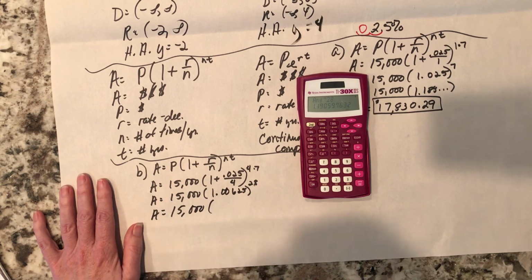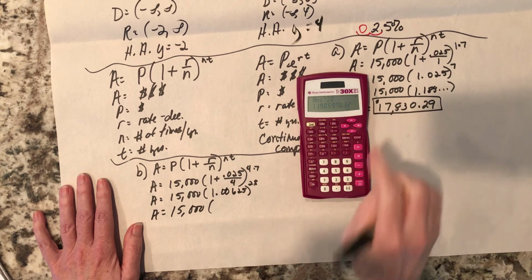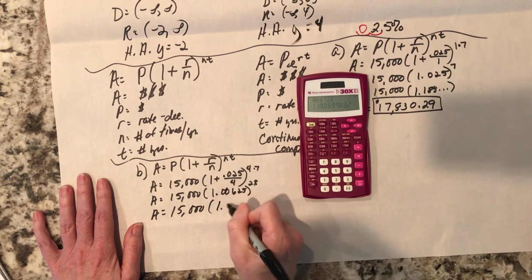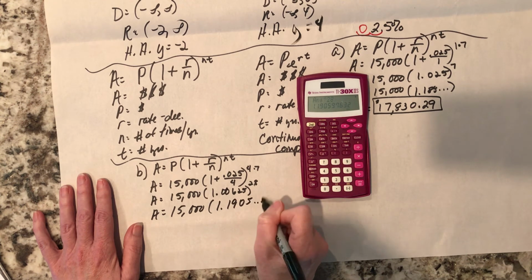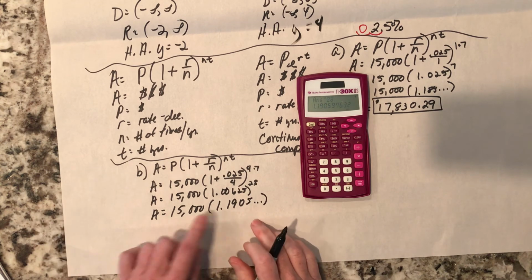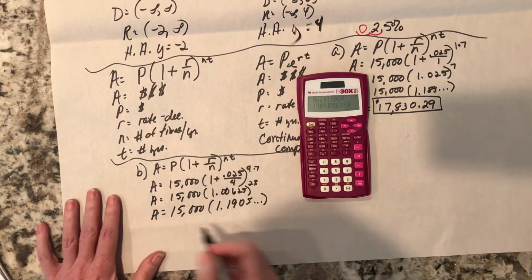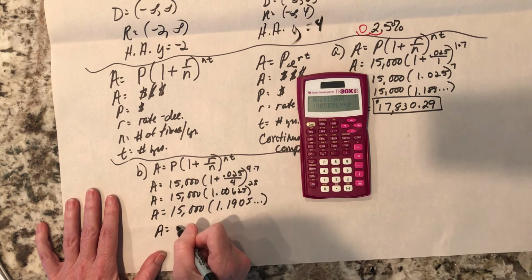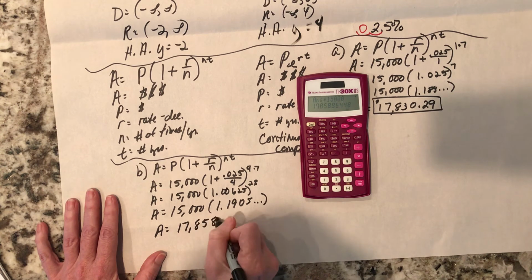15,000 times, and again, I'm not going to write that all out. Even if I did write it, I'd be missing all the numbers that follow. I don't want to round it. You want this to be true, and every time you round, you lose value. So we've got that. Now we need to multiply it times 15,000. And there we go. That's our accumulated value if every 3 months they're going to hand us some interest into our account.